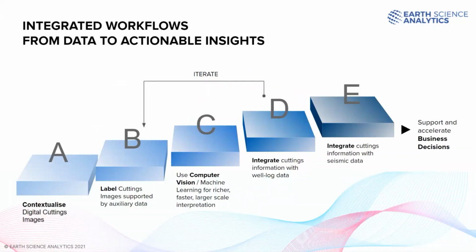And we also need integrated workflows. So starting basically with a contextualization of the data, the images and the auxiliary data. Next, we label the data. We use computer vision and other machine learning techniques for rich, fast, and large-scale interpretation. And then we integrate the interpretation with well-log data.